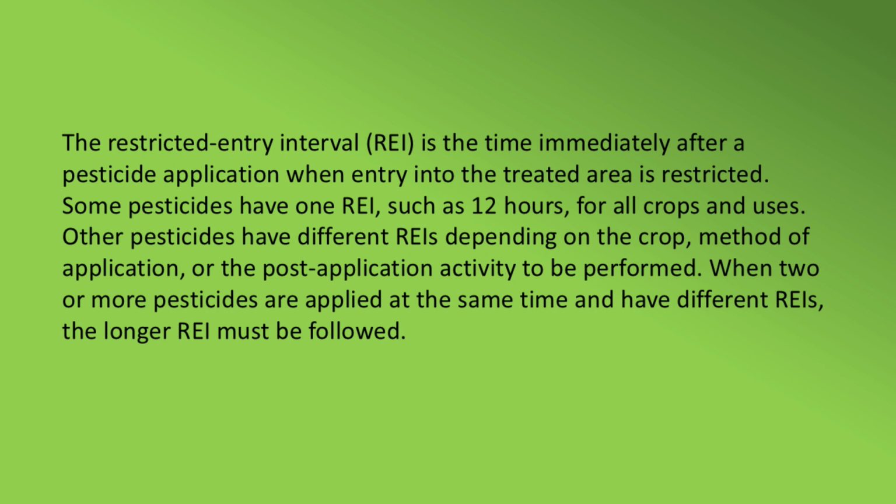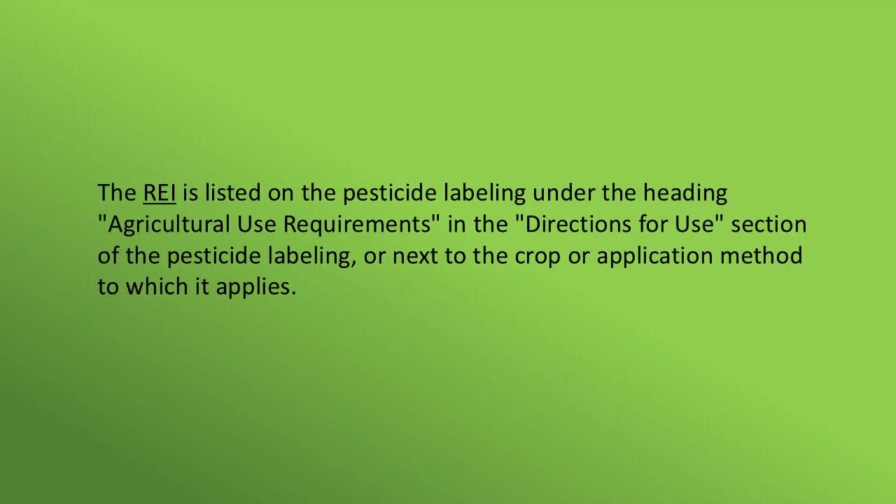When two or more pesticides are applied at the same time and have different REIs, the longer REI must be followed. The REI is listed on the pesticide labeling under the heading Agricultural Use Requirements in the Directions for Use section of the pesticide labeling or next to the crop or application method to which it applies.